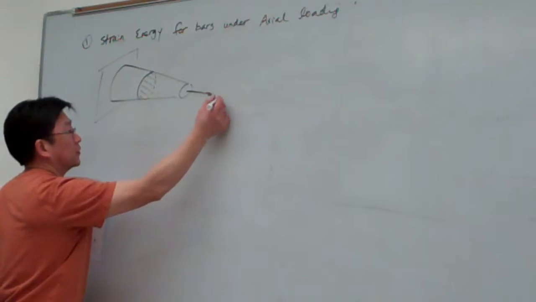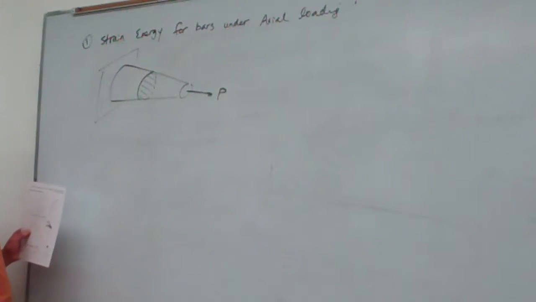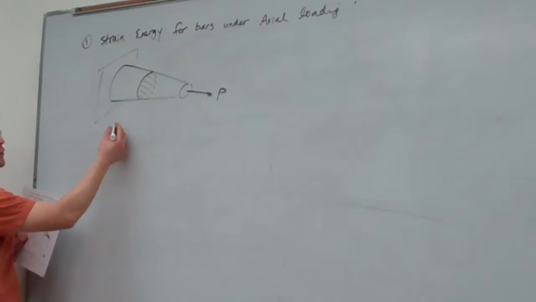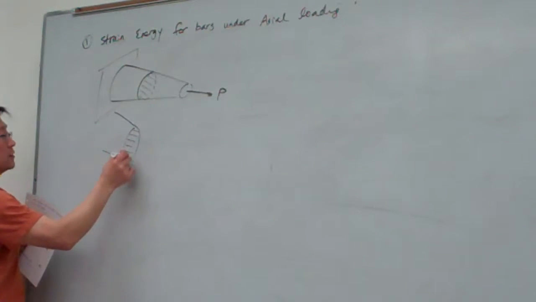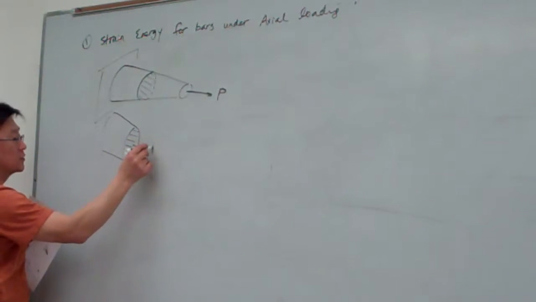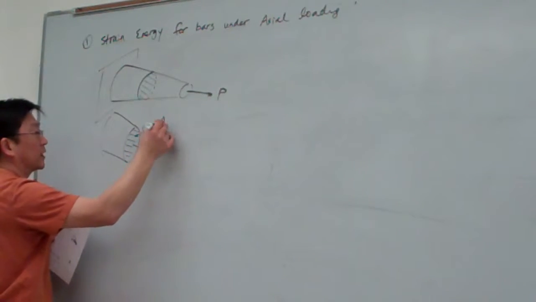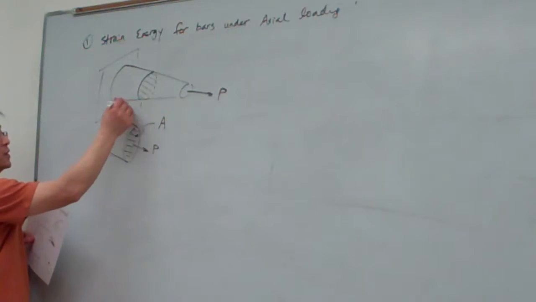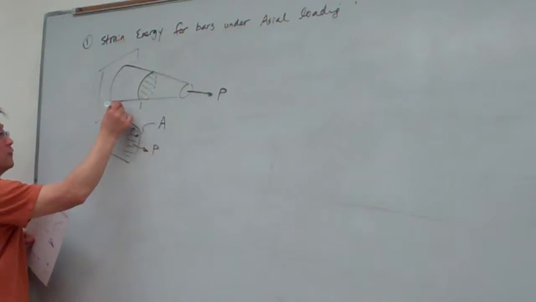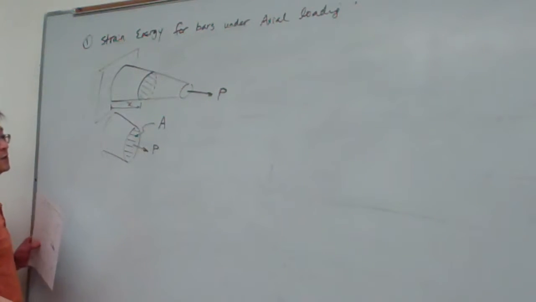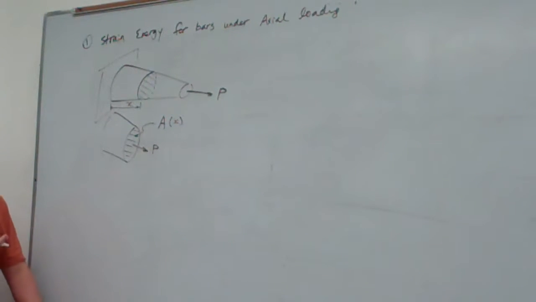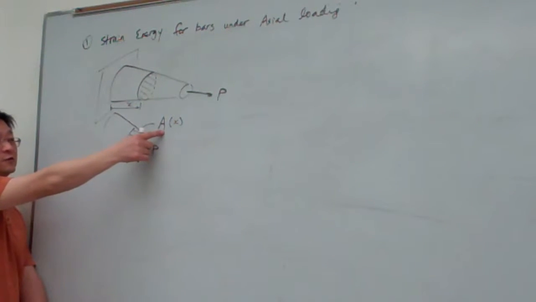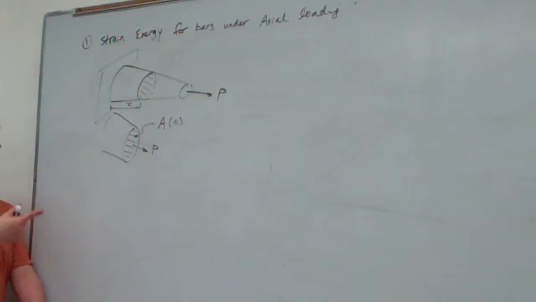This is the actual loading, let's say P. By taking the free body diagram on this cross section, the loading is P, and say this is the area A, and because this is not uniform, say this is position x. So for this case, A will be a function of x, and really depends on the geometry. We should be able to formulate this function explicitly. So I leave it this way.